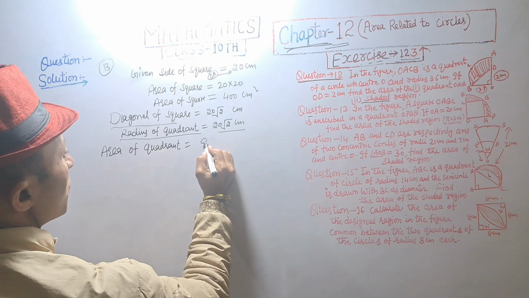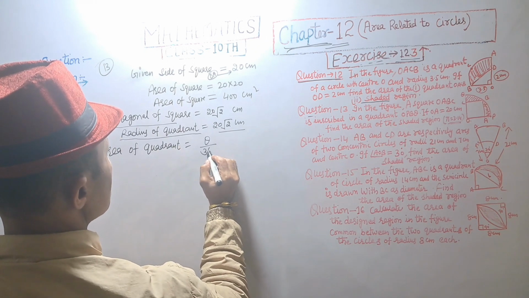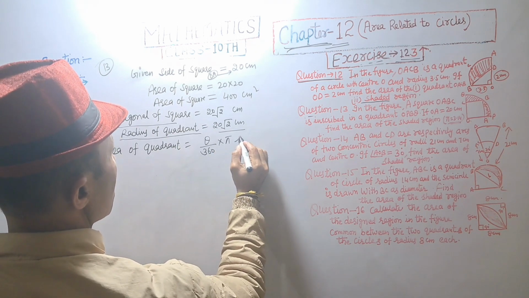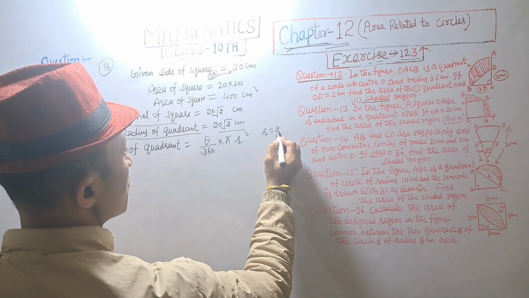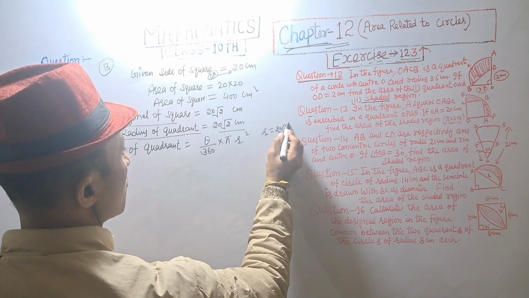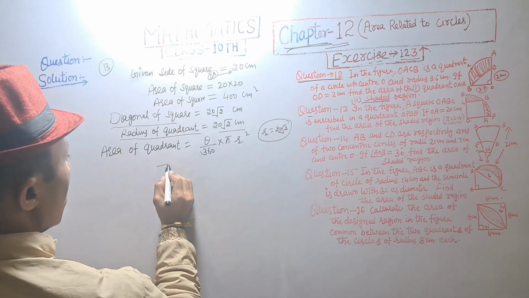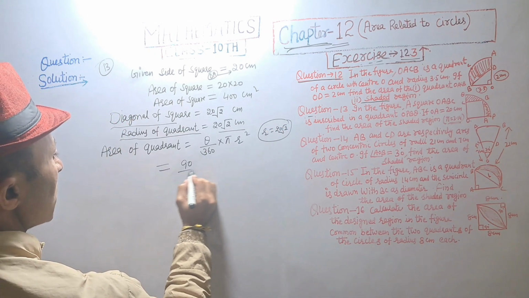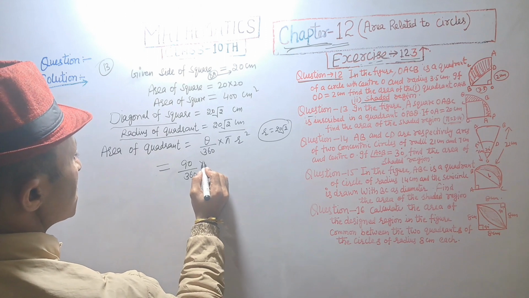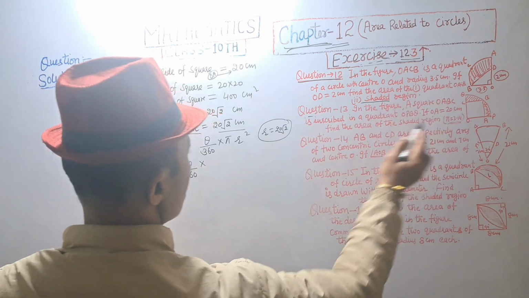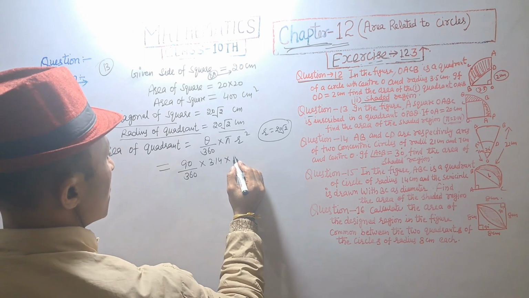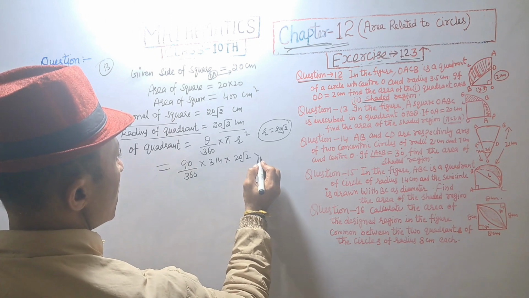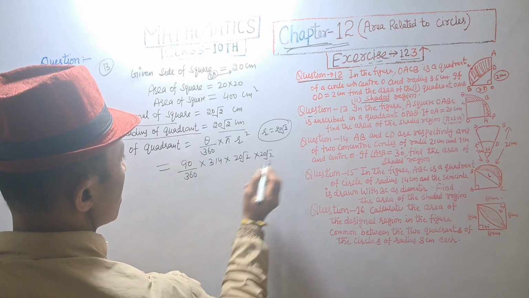And area of quadrant is equal to theta upon 360 into pi r square. R is 20 root 2 and angle is 90 upon 360 into pi, 3.14, into 20 root 2 into 20 root 2.